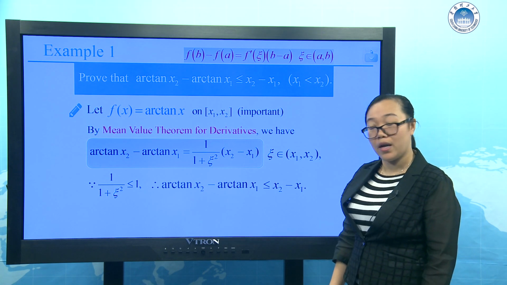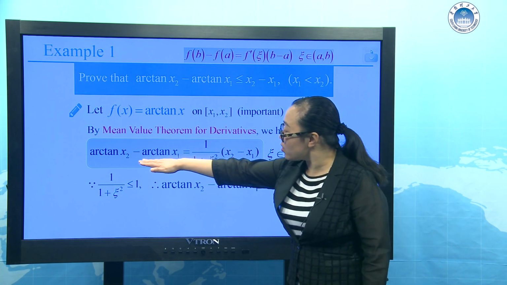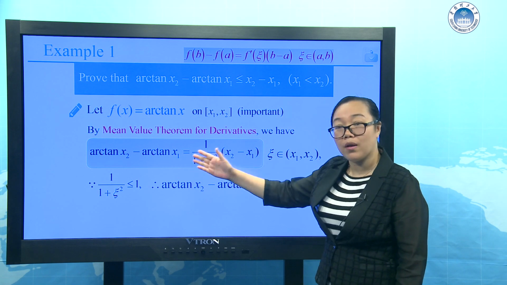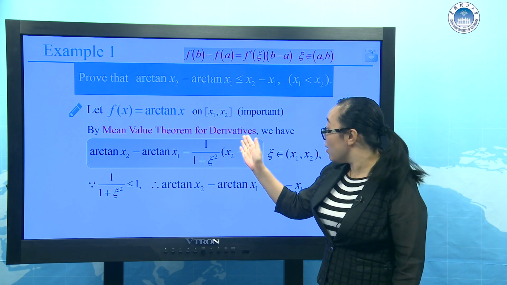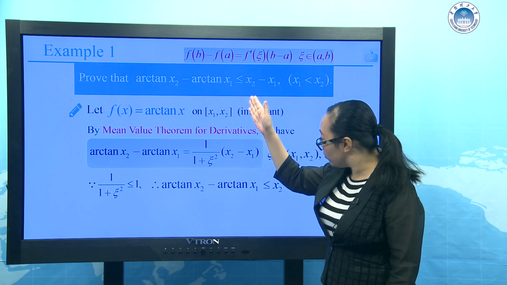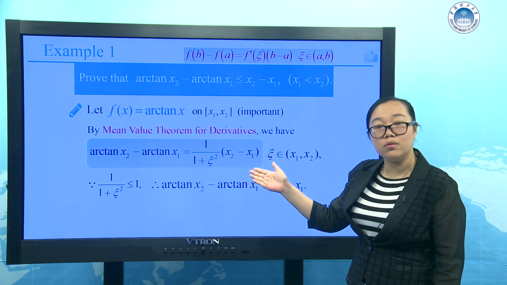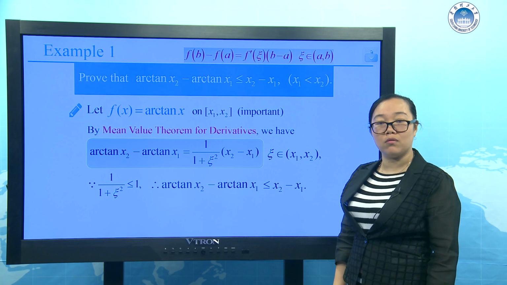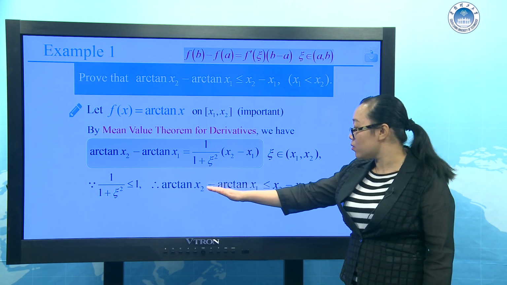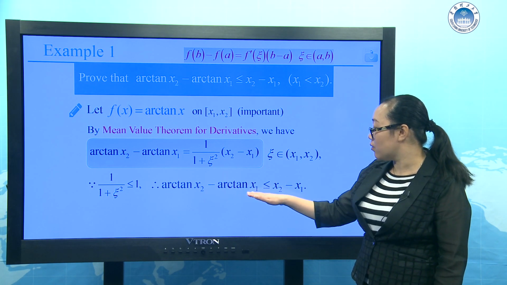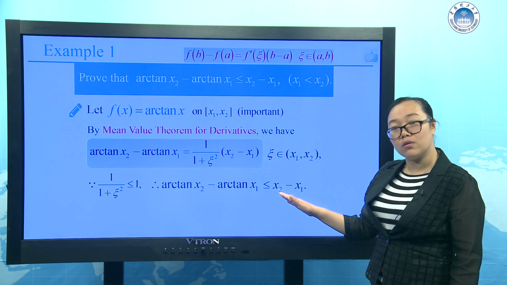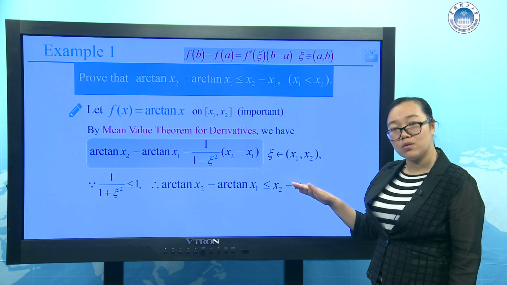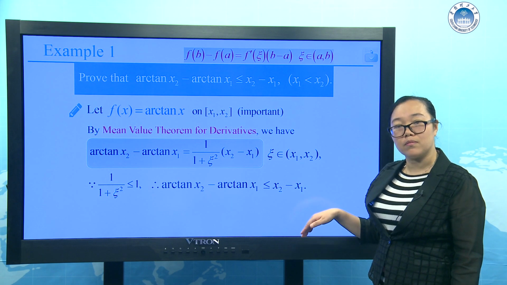And then we can get arctan x2 minus arctan x1 on the left is less than or equal to 1 times (x2 minus x1). Together, it is the final result: arctan x2 minus arctan x1 is less than or equal to 1 times (x2 minus x1).